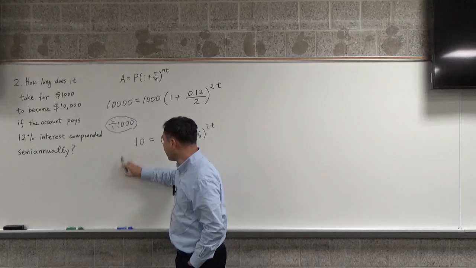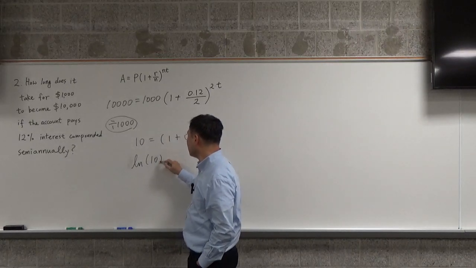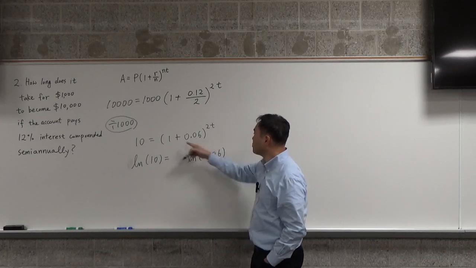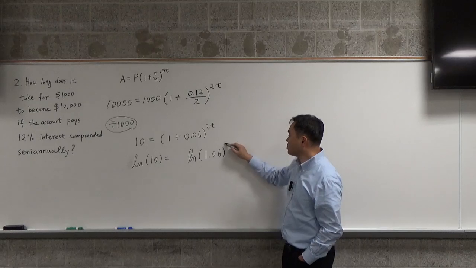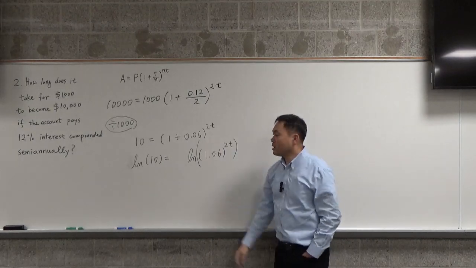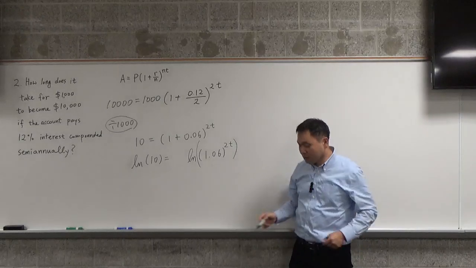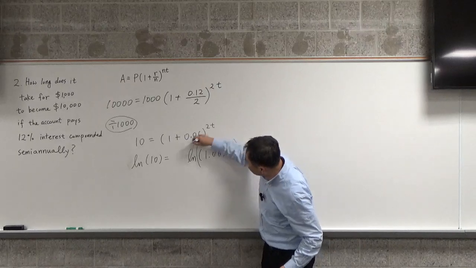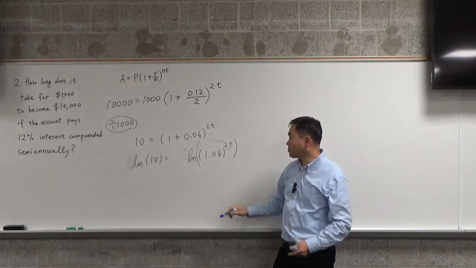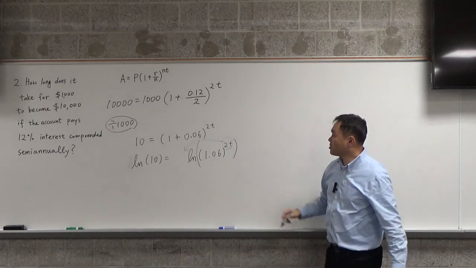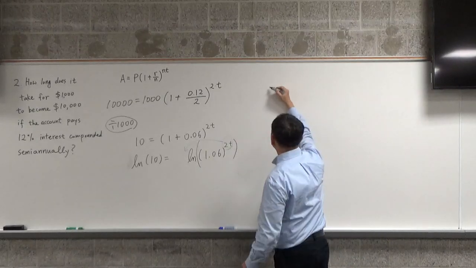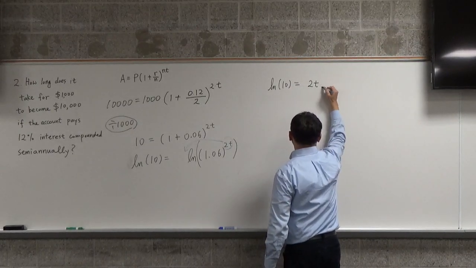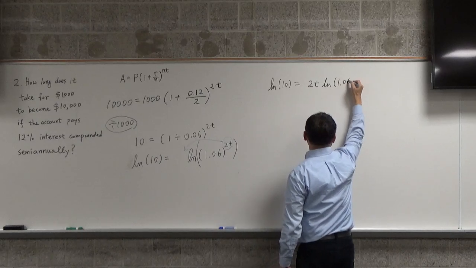So let's take ln of 10 equals ln of 1.06, since 1 plus 0.06 is 1.06, to the 2t power. The reason you want to do this is because then this 2t can jump over the log and come down. Frog over the log, right. So after making the jump, you get ln of 10 equals 2t times ln of 1.06.